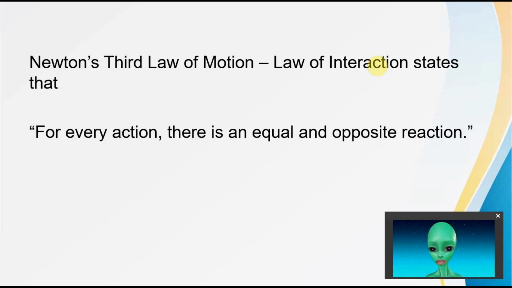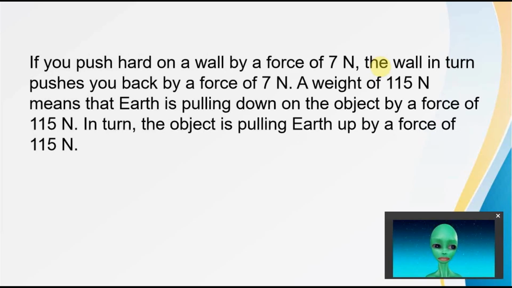Newton's third law of motion, the law of interaction, states, for every action, there is an equal and opposite reaction. If you push hard on a wall by a force of 7 newtons, the wall in turn pushes you back by a force of 7 newtons. So they are equal, but opposite in their direction.